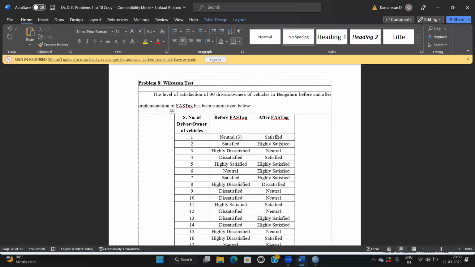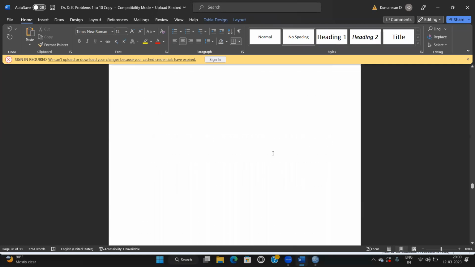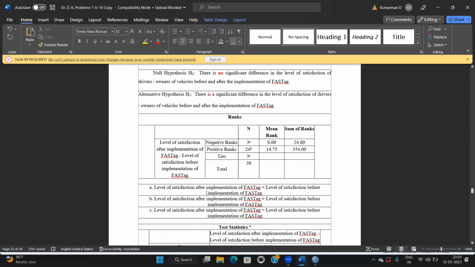Then after implementation of FASTag, he is satisfied. So the score is 4. What is asked here? Before, after is greater than before; after is less than before means negative.